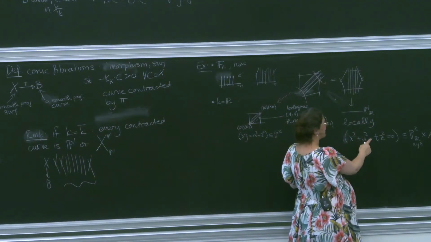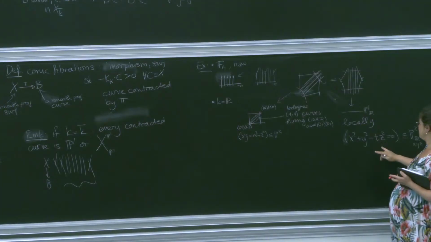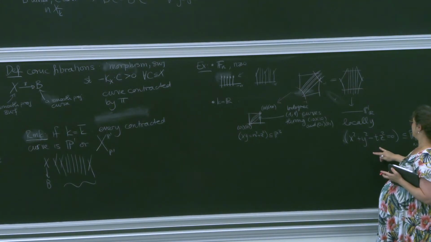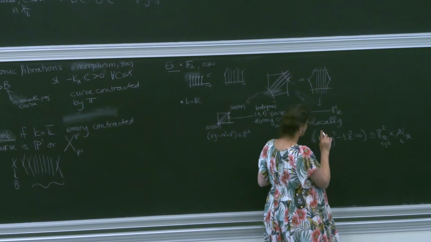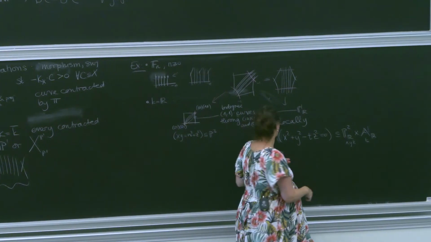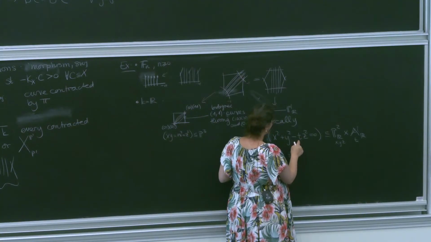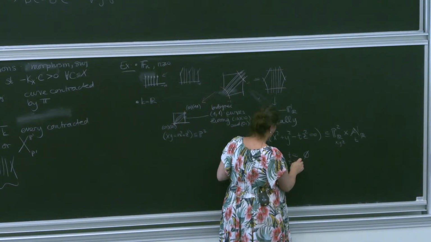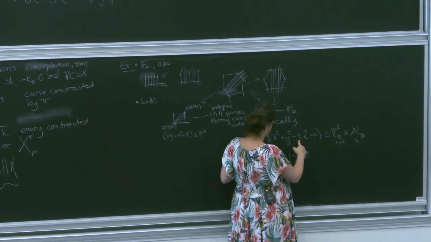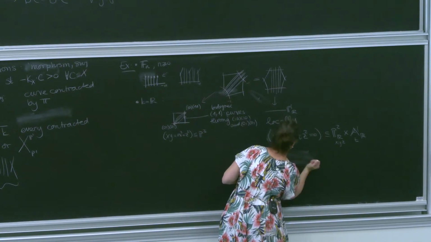Let me check whether I have the right sign here, because since we're over R, signs are important. For t negative, I have no real points, and for t positive, I have real points. So yes, this is the right one.